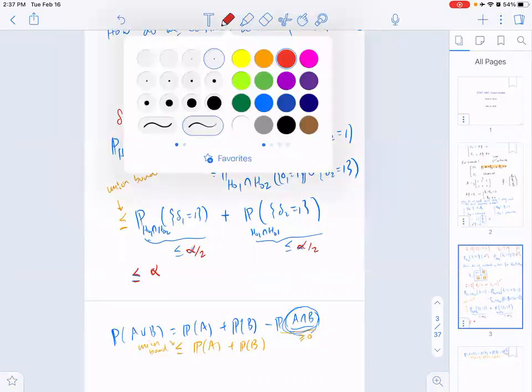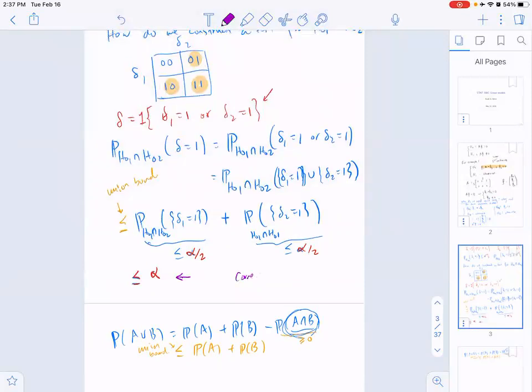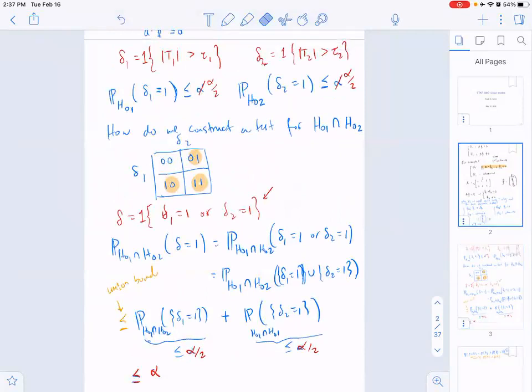So this operation has a name. Does anyone know what that is? What is the name of this thing that we did here? It's called Bonferroni's correction.